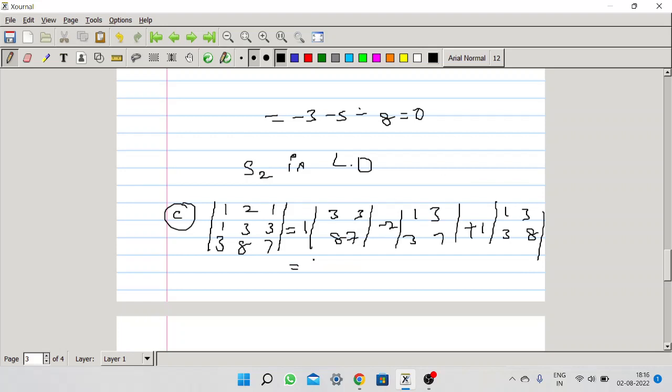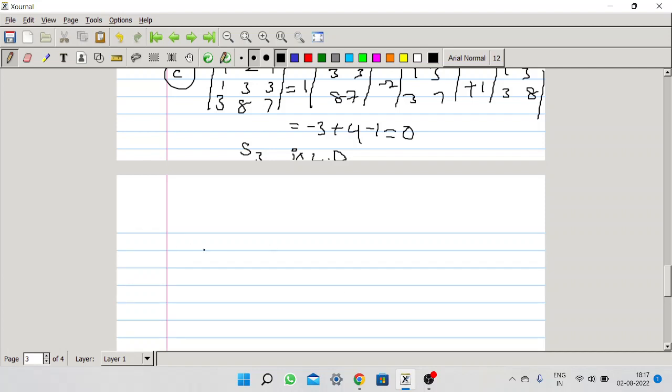This is 21 minus 24, minus 3, minus 2 times (7 minus 9), minus 2, so it becomes plus 4, plus 8 minus 9, this is minus 1. So again this is also 0, so S3 is also linearly dependent.